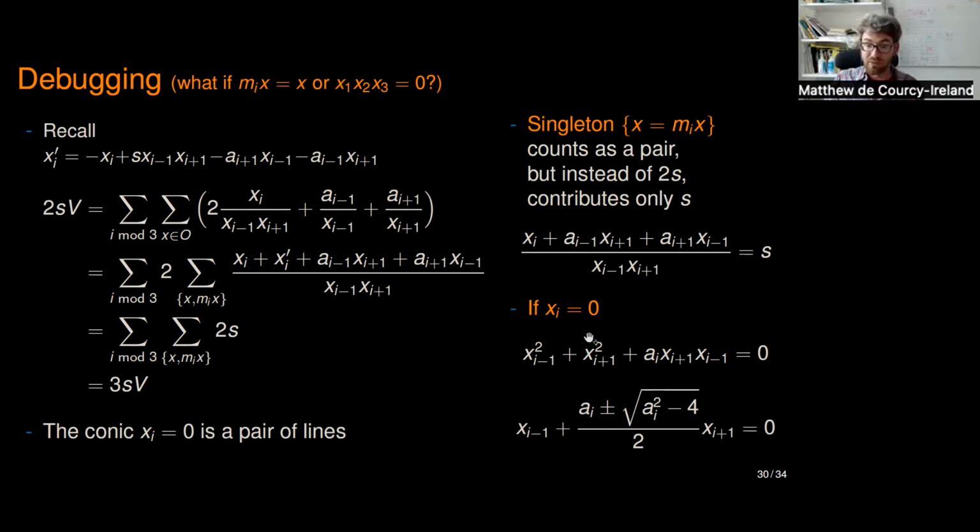The thing is that if you set xi equal to 0, you get a conic for the other two coordinates, which reduces to a pair of lines. You can just solve it, and there aren't any solutions if the square root doesn't lie in the base field. So you can just avoid the problem by assuming that these are non-residues. In the Markoff case, this would be like Frobenius's obstruction.